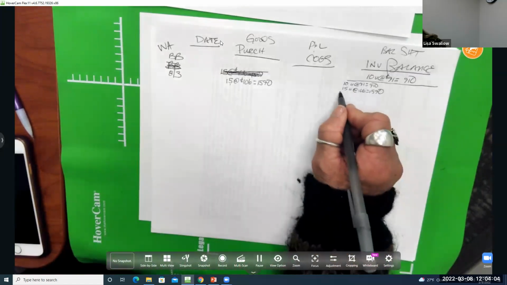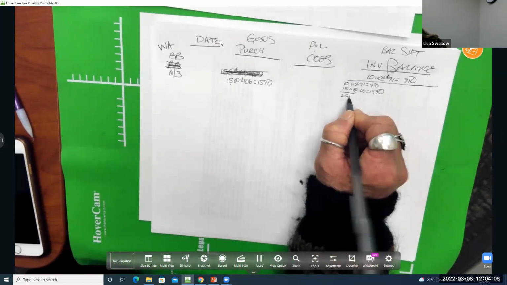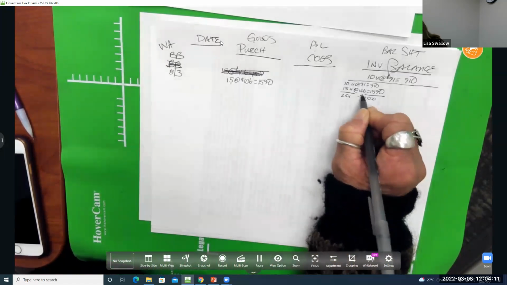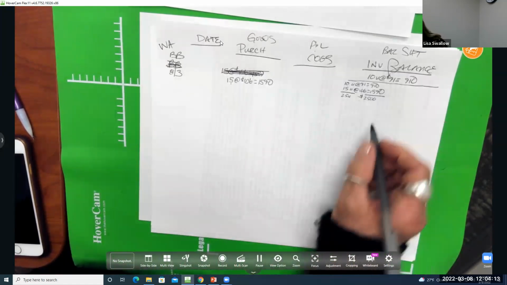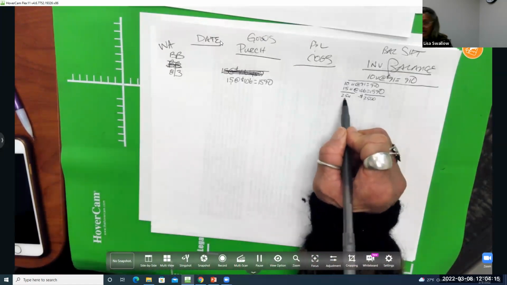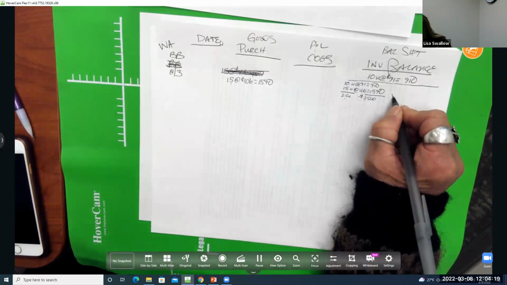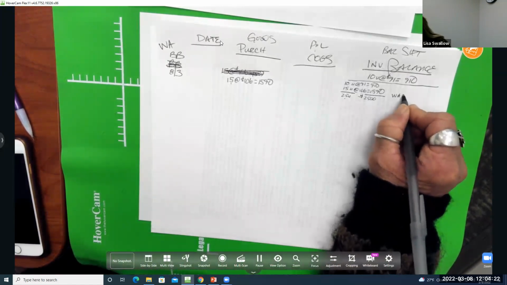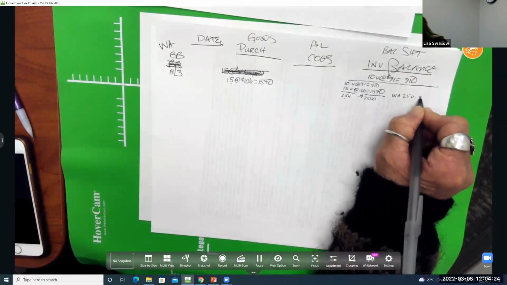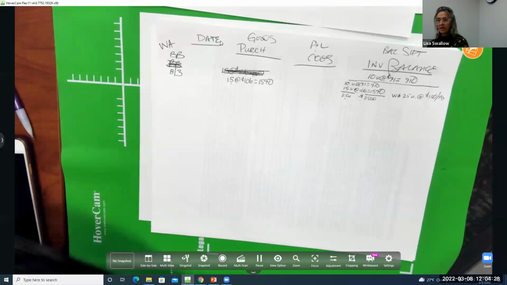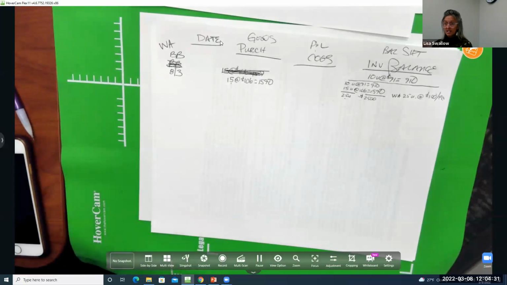So we've got 25 units and $2,500. So we can take 2,500 divided by 25 and see that our weighted average right now is 25 units at $100. Okay, so we have to constantly be updating that for purchases or sales.